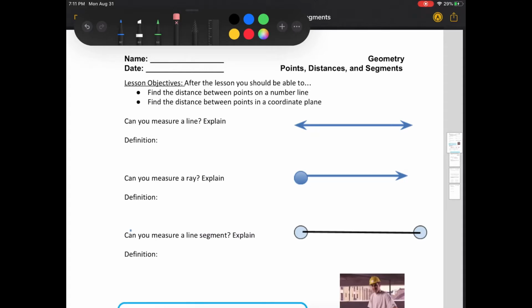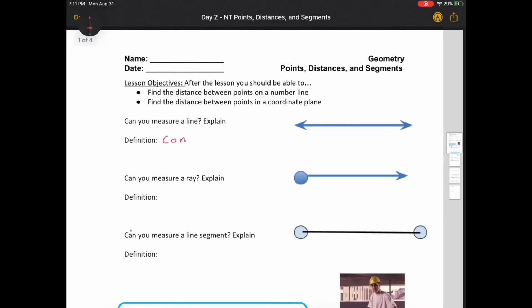So first, let's go ahead and talk about a line again, which we talked about yesterday. A line is continuous between any 2 points, could be more than two, and this is a collection of points. Remember that.